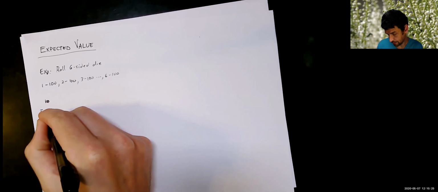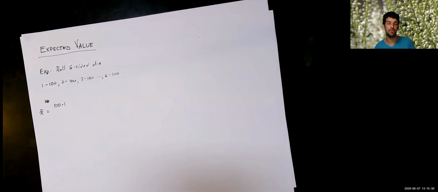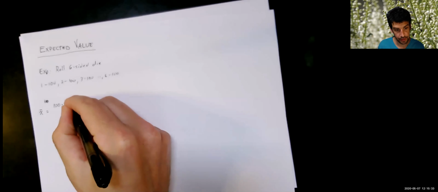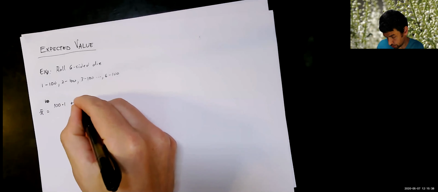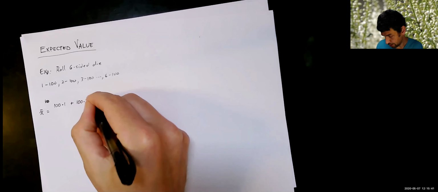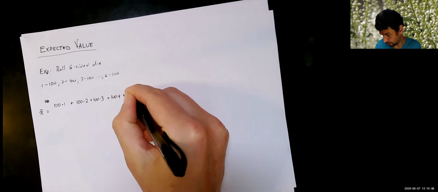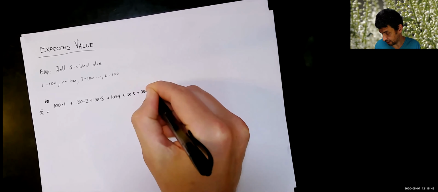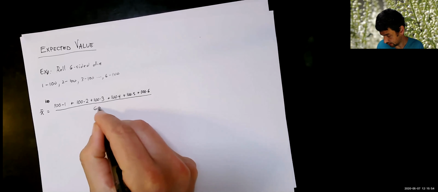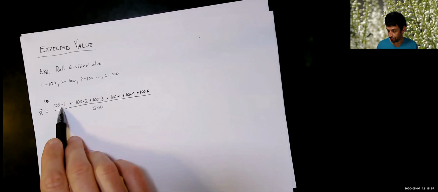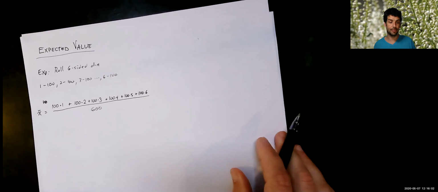Our mean: I would have 100 rolls times the number 1, that would be like adding up all the number ones, plus 100 rolls times the number 2, plus 100 rolls times the number 3, 100 times 4, 100 times 5, 100 times 6. And then I would divide this by 600, right? So that's like adding up all the ones, all the 2s, all the 3s, all the 4s, and so on, and then dividing by 600.